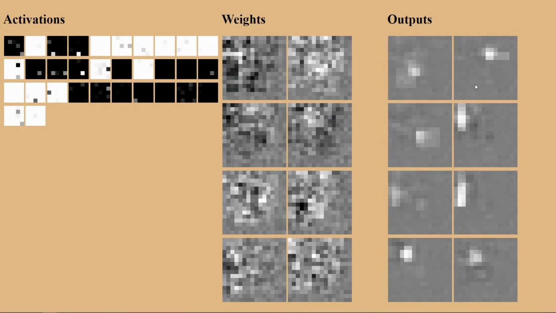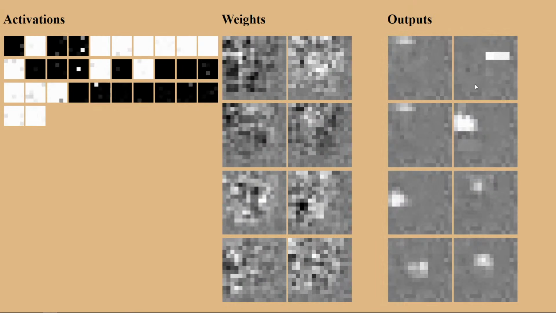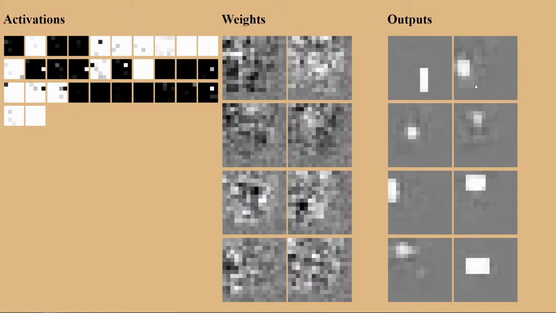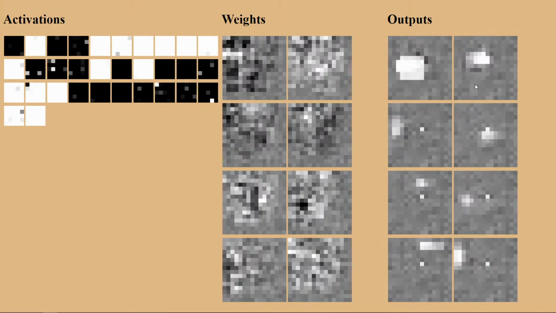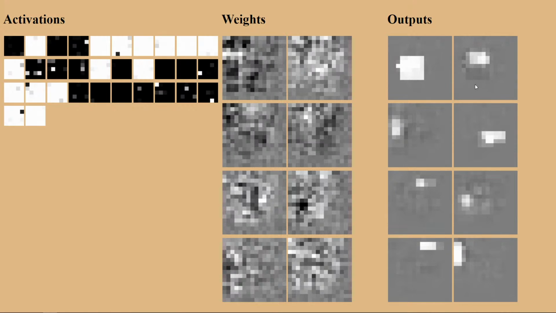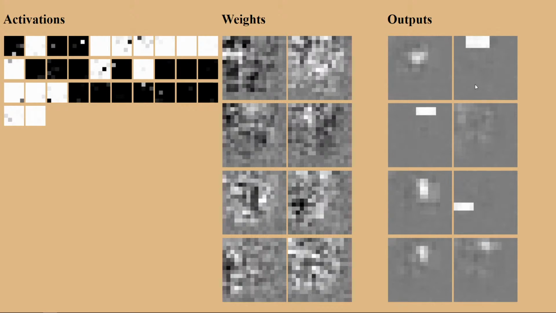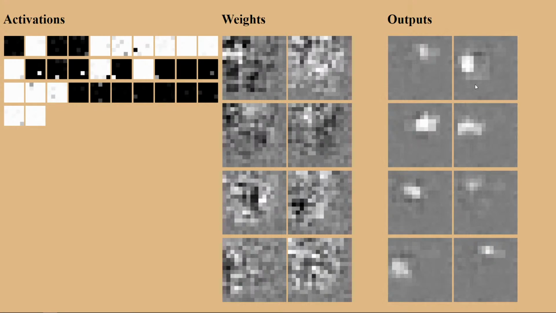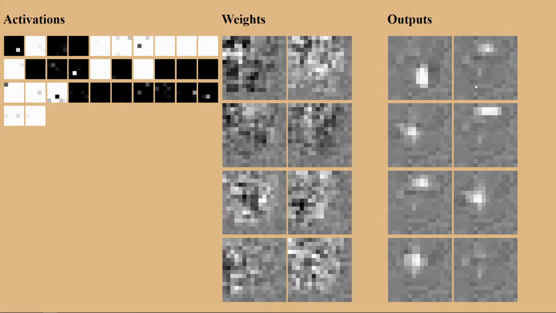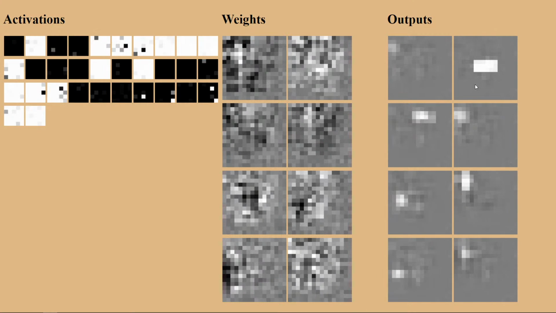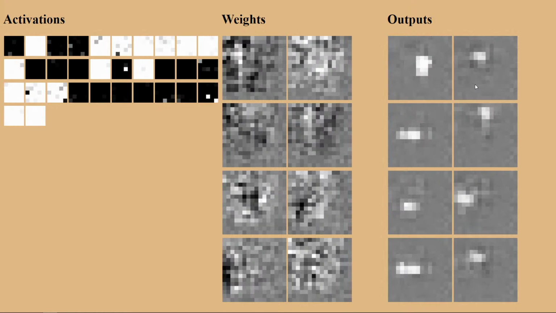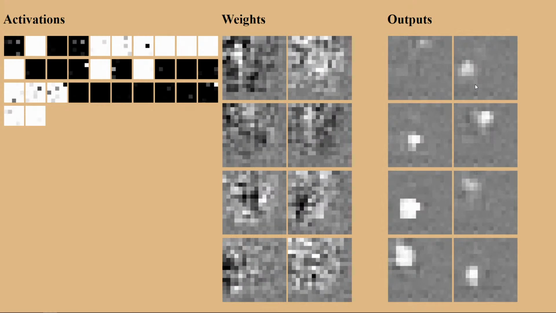So when the batch is initially presented, it looks like garbage. You know what would be cool is if I could turn on or turn off training.